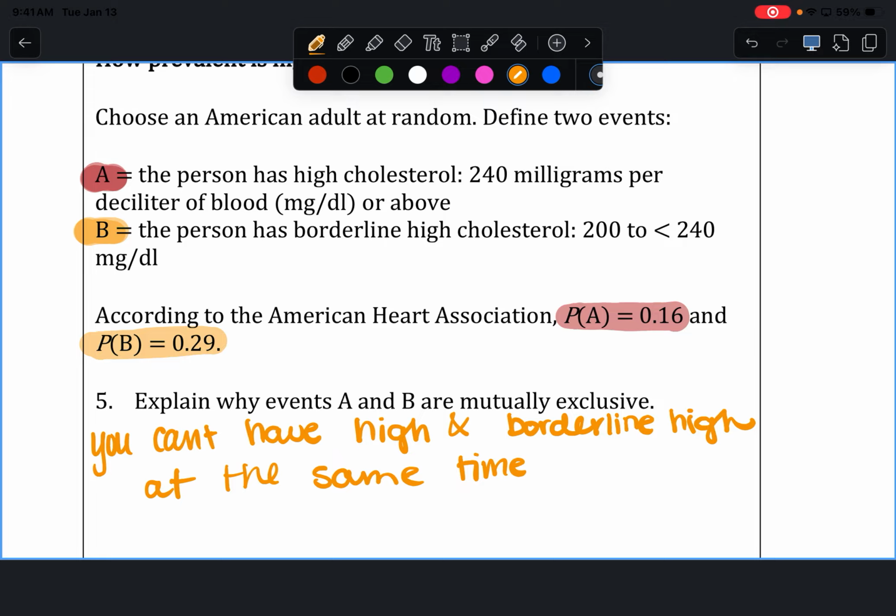Then it says, say in plain language, what is the event A or B? So find the probability of A or B. What is A? High cholesterol. What is B? Borderline high cholesterol.